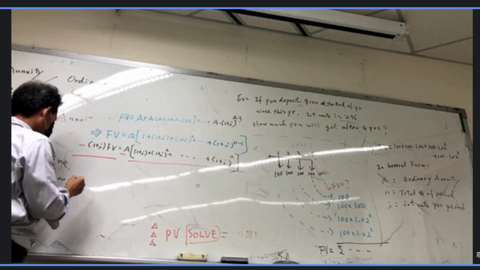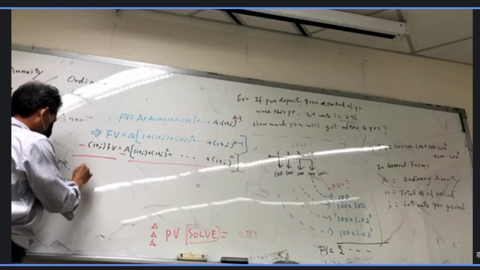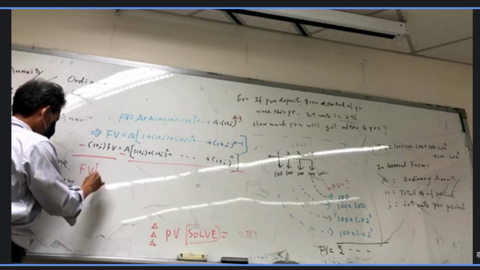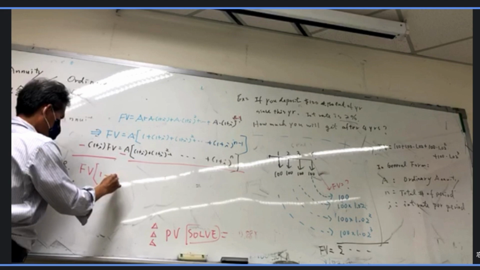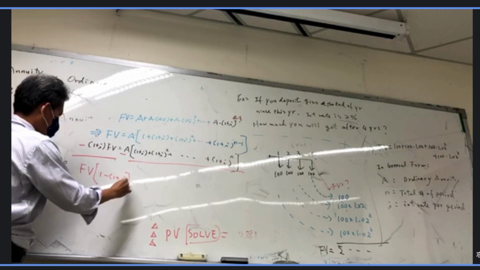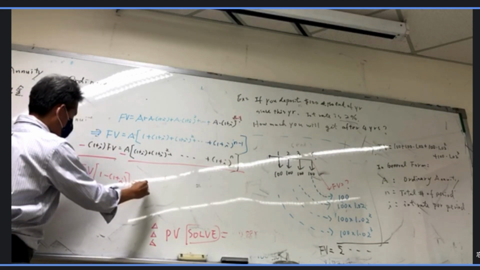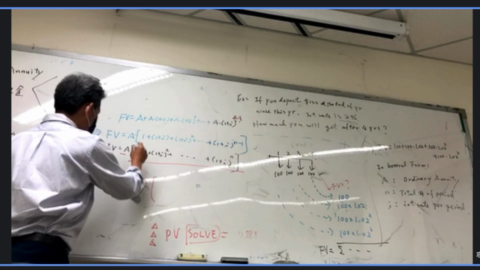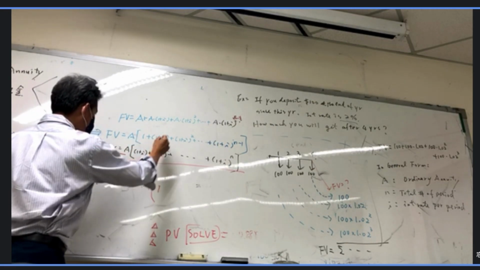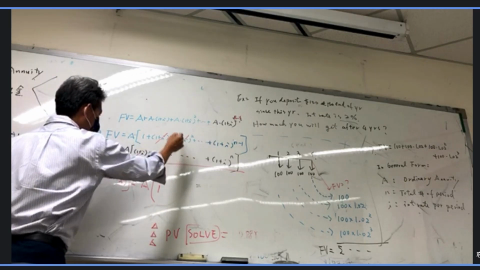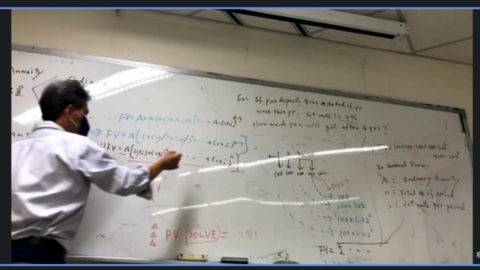So for the left side, we have this equals A outside, 1 minus, so this is top minus down.